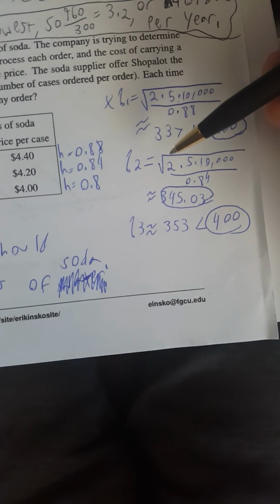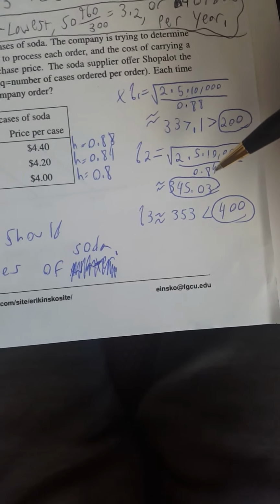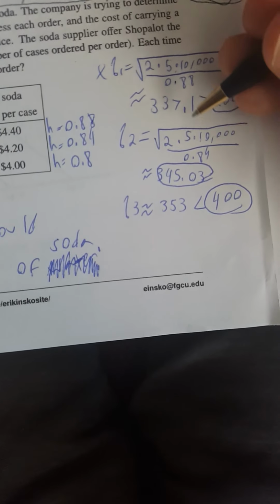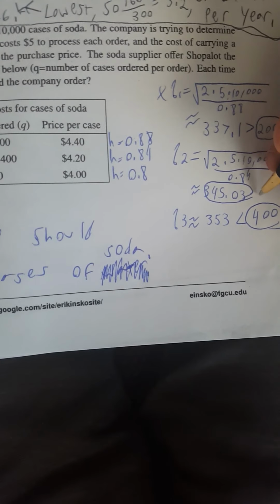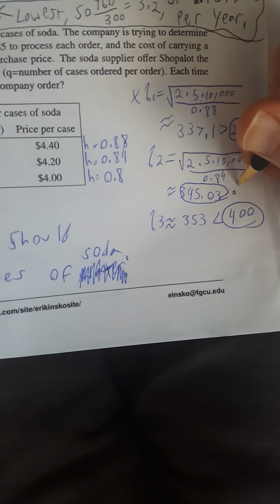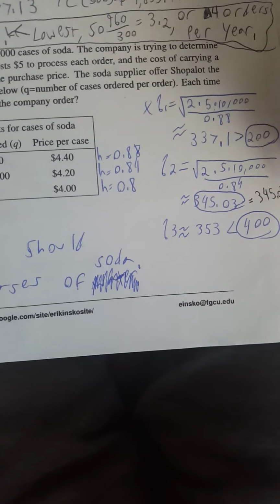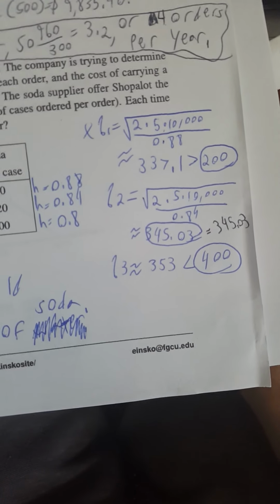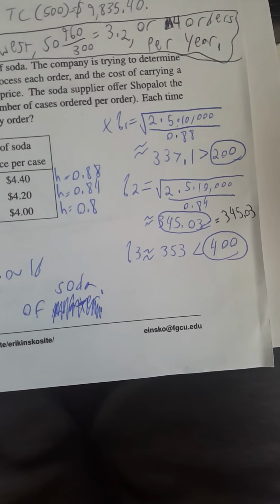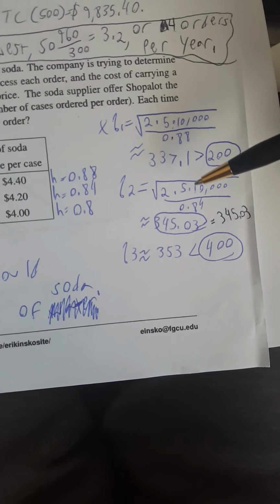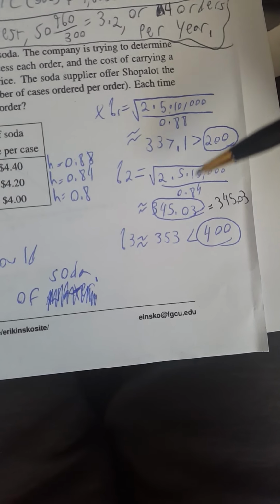Similar formula for Q2. 2 times 5 times 10,000 divided by 0.84, we get 345.03. And Q3, you know it's just going to be the square root of 2 times 5 times 10,000 divided by 0.8.